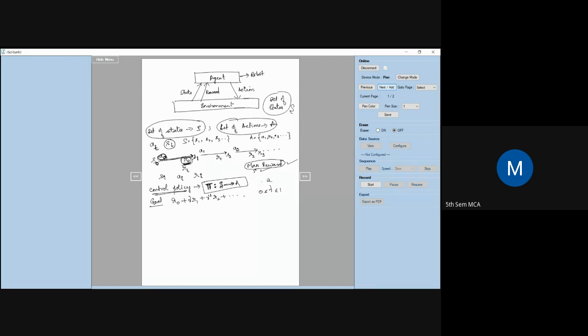That means it has to learn a proper action A from this particular set, capital A. Any doubts, anyone so far? That is what the robo has to learn.